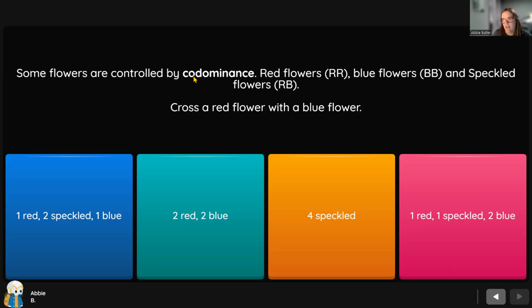Sometimes I'll tell you exactly, this is codominant or this is incomplete. Other times you just have to look at the heterozygous and know, okay, is this a whole new coloration? Or is this showing both parents' traits at the same time, codominance? So it says red flowers, red is big R, big R. Blue flowers is BB. And then you have speckled red and blue flowers, RB. They want you to cross a red flower with a blue flower and then tell the results.